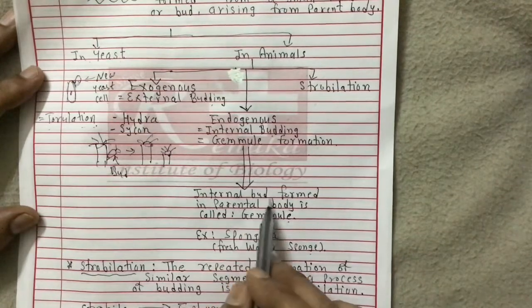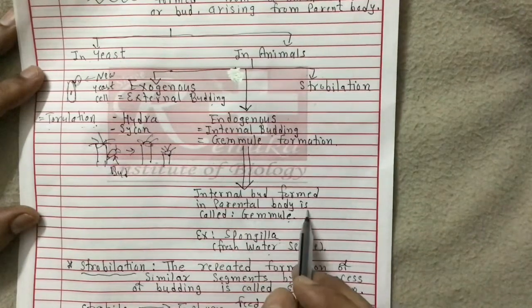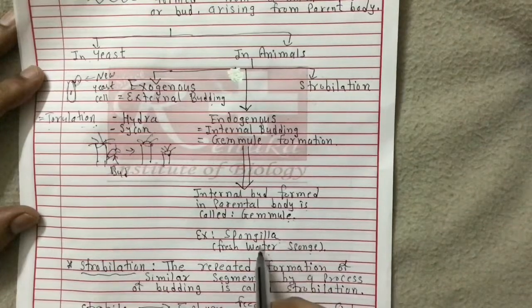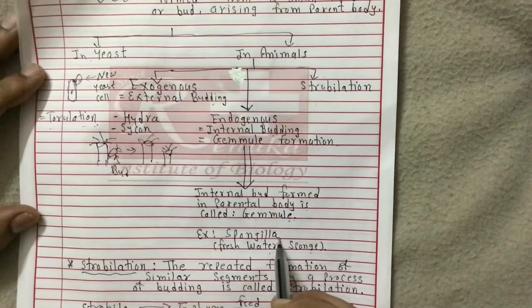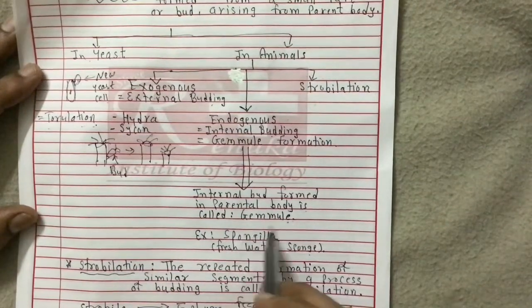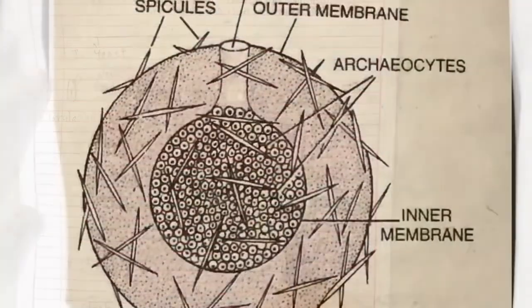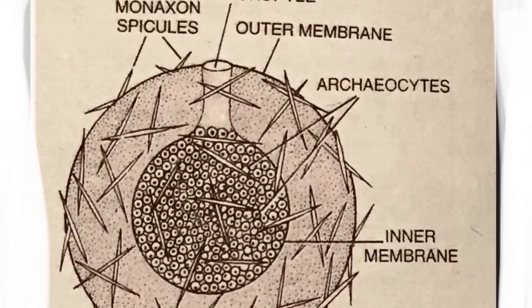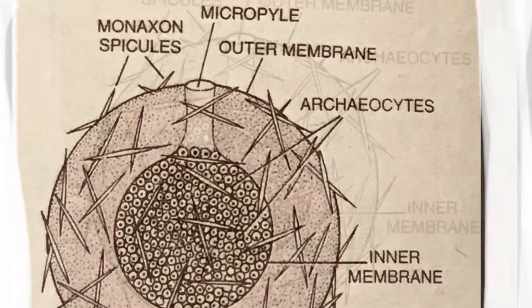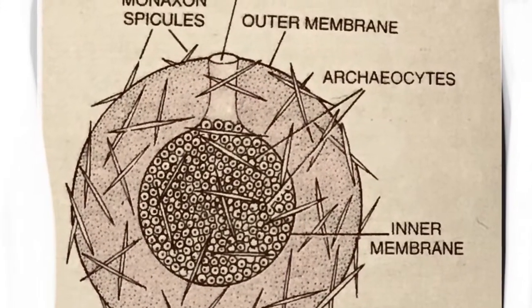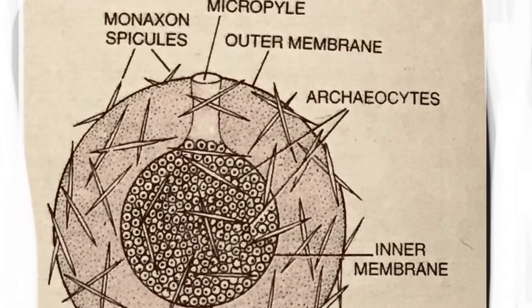It is an internal bud formed in the parental body, specifically in the spongocoel of spongilla like porifera organisms. This gemmule comes outside from the osculum, that is the opening of the spongocoel, and lives as an independent organism. In the diagram, a transverse section of sponge is shown. Here, the archaeocytes are the special kind of cells which constitute the internal bud.